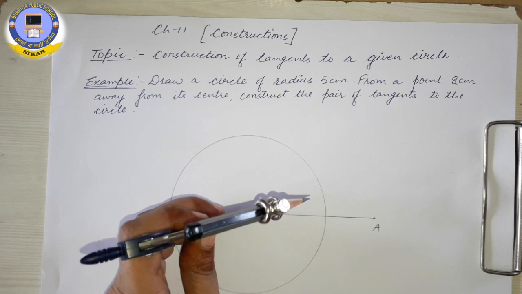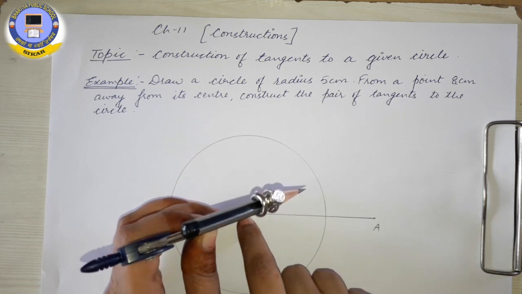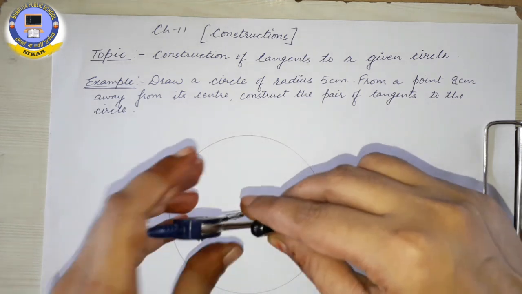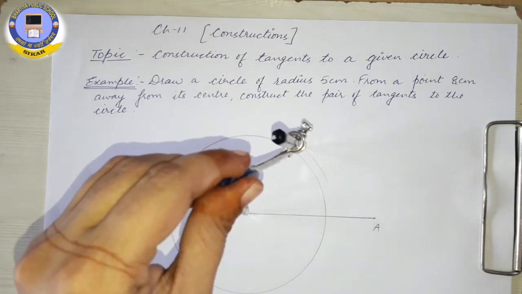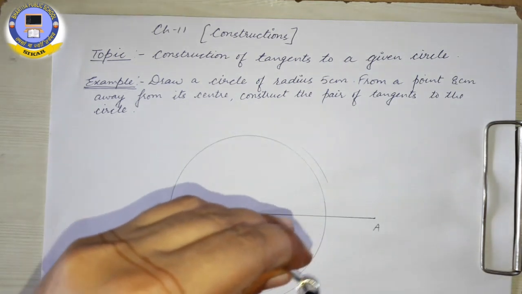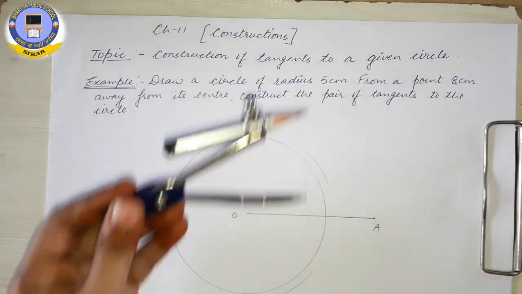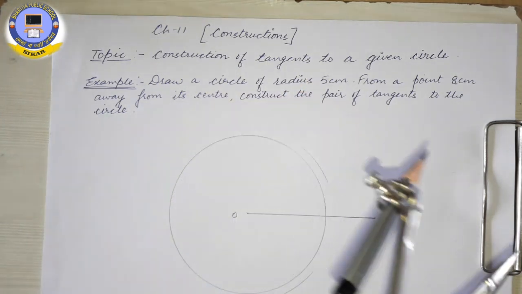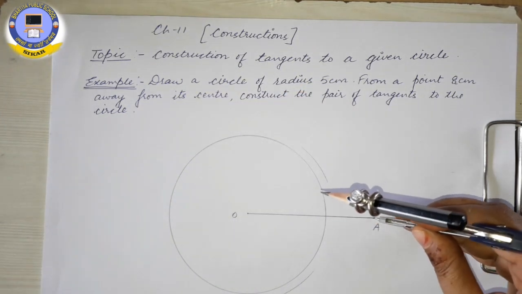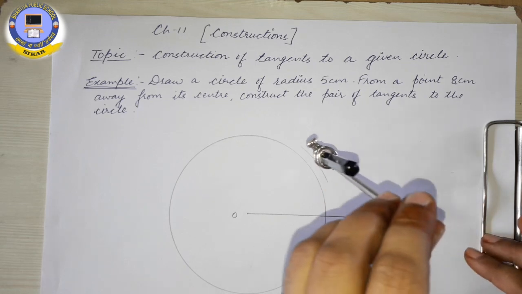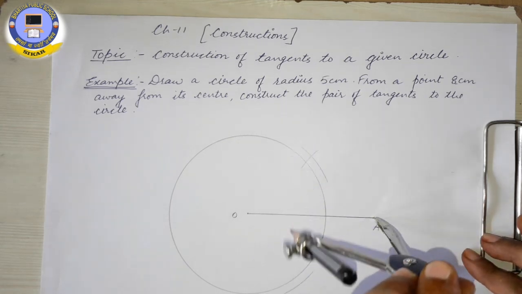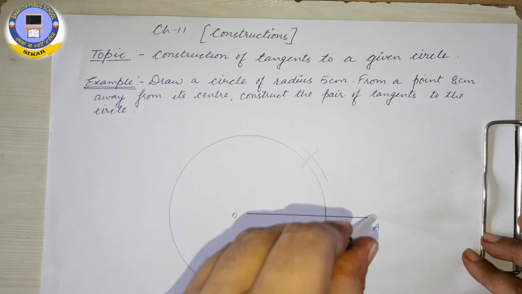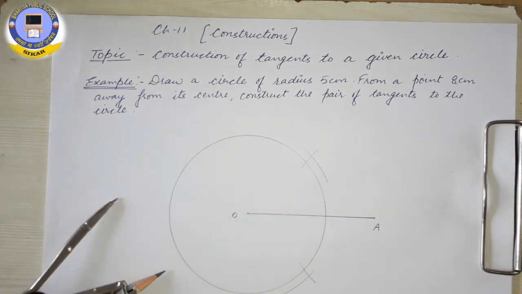Taking O as center and a radius more than half of OA, draw arcs above and below OA. Both sides you have to draw arcs with the same radius. Taking A as center, cut arcs which will cut the previous arcs.